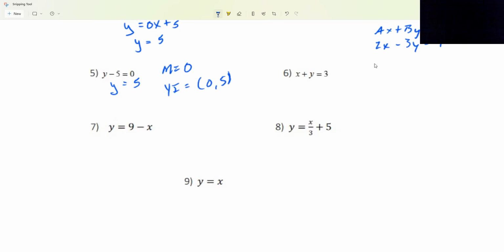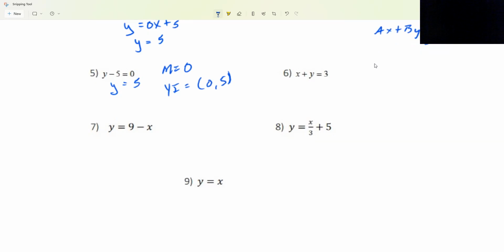All right, but the other thing is when you're talking about standard form, don't think this B here, you'll see this somewhere written, that B is not your y-intercept. Okay, it's a big B. So it's just a coefficient. So don't get it confused with other stuff.